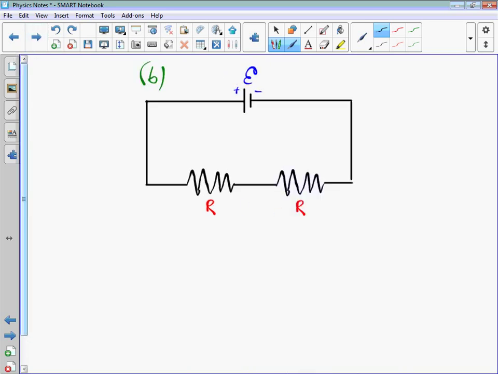All right. So for B, now we've got them in series. So our current for series is going to be equal to our EMF over our equivalent resistance for series.